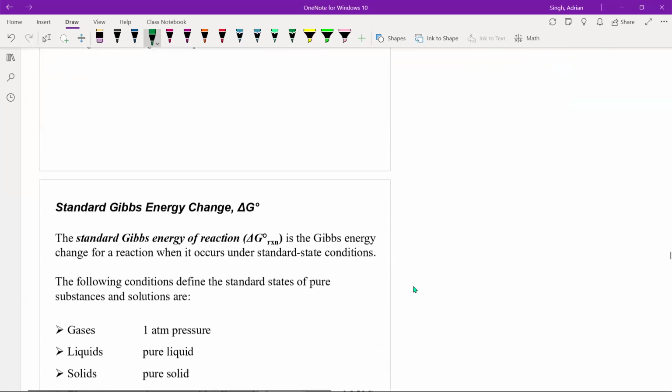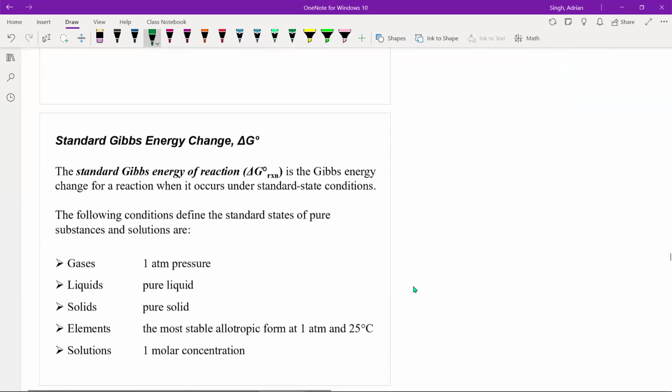Now, we talked about standard enthalpies of formation in the previous thermochemistry, way back in Gen Chem 1, and we talked about standard entropies earlier in this section. There's also standard Gibbs energy change, which is abbreviated delta G with that little degree sign. So this here is your standard conditions.